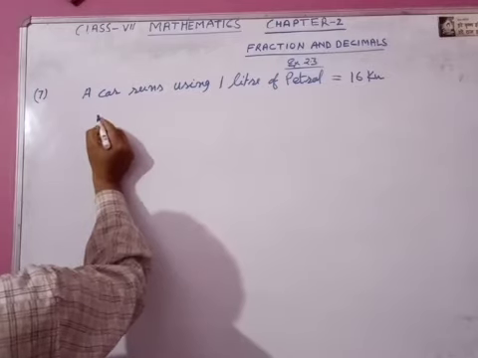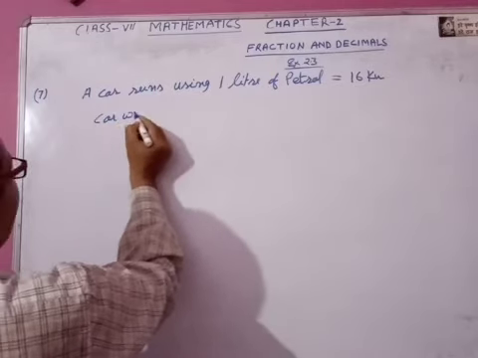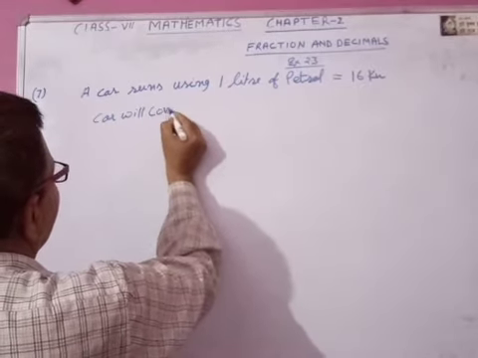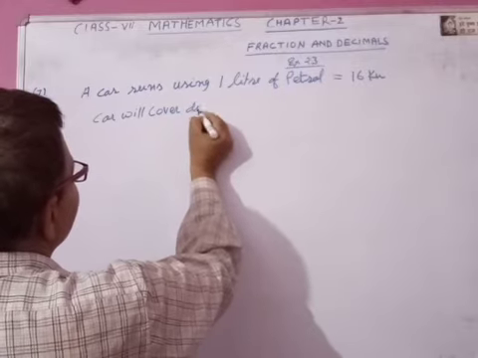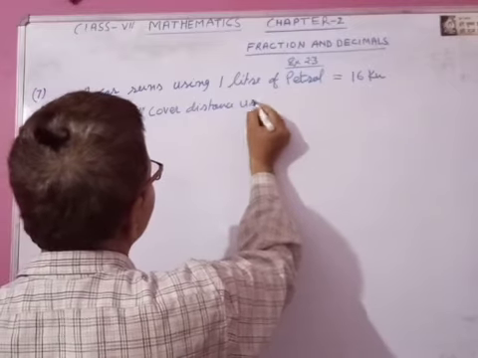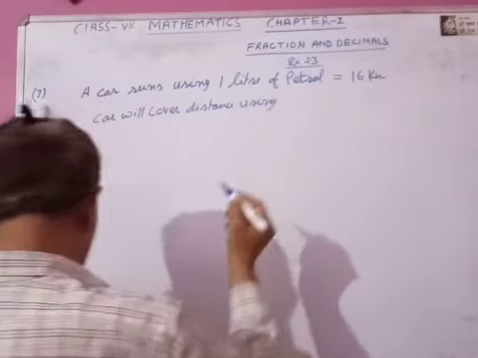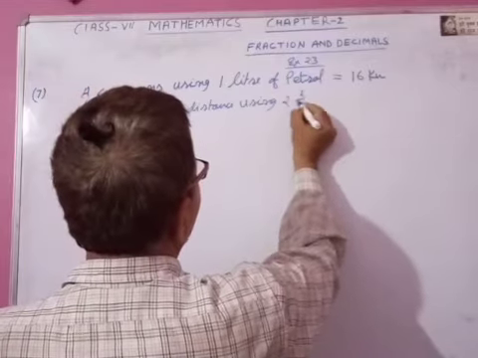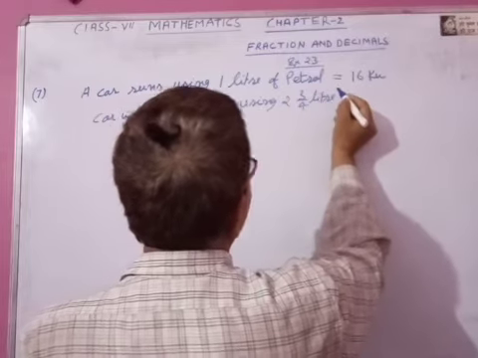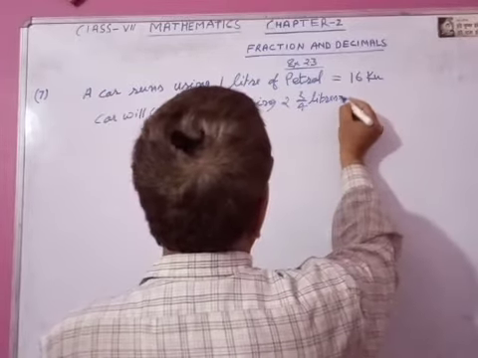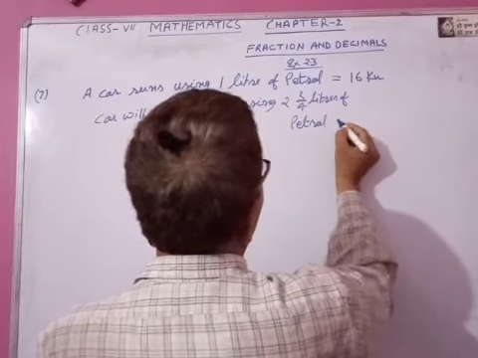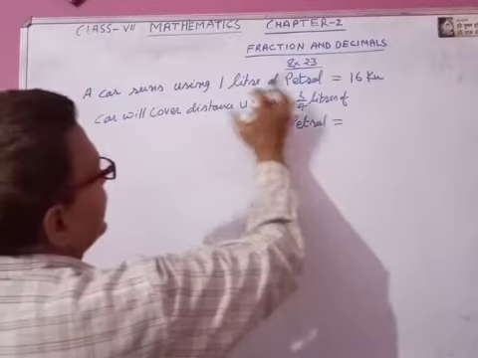The car will cover distance using 2 whole 3 upon 4 liters of petrol. 1 liter equals 16 kilometer.